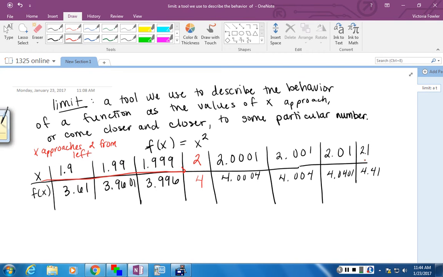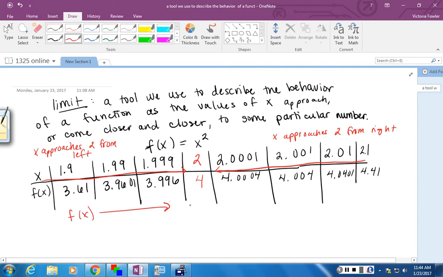And we can also say the same thing as x approaches 2 from the right. And I'll put that here, x approaches 2 from the right, we see that f of x approaches 4 from both the right and the left.